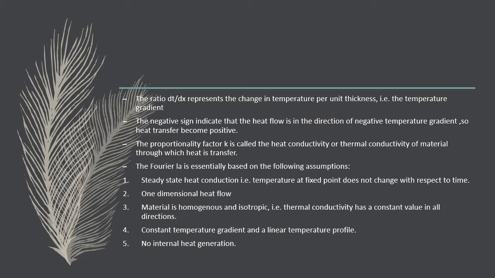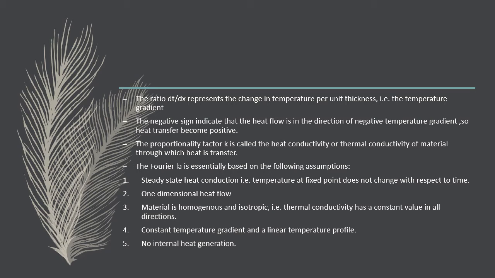The Fourier law is essentially based on the following assumptions. First assumption which we take is steady state conduction, that is temperature at a fixed point does not change with respect to time. Second, one-dimensional heat flow.